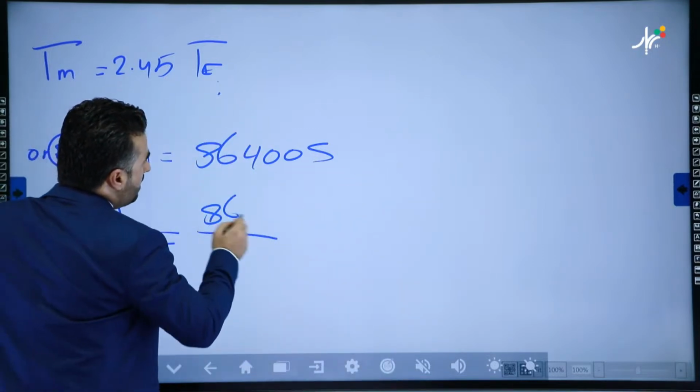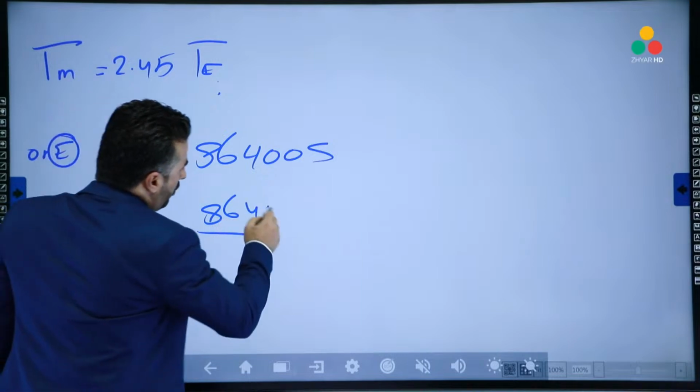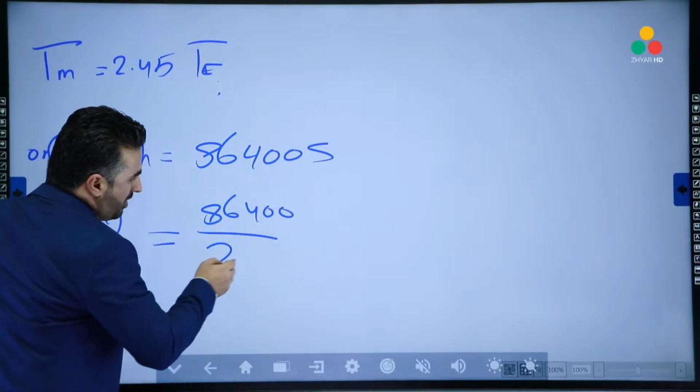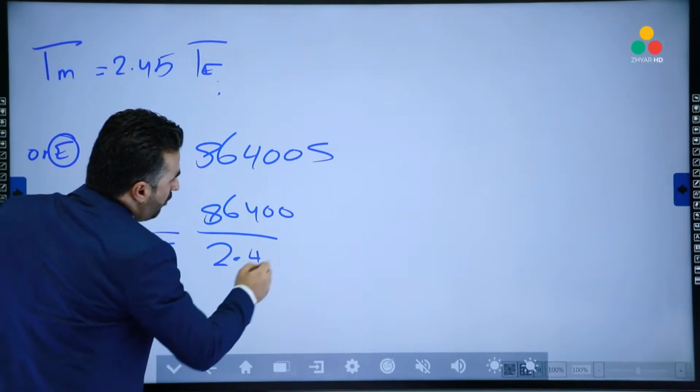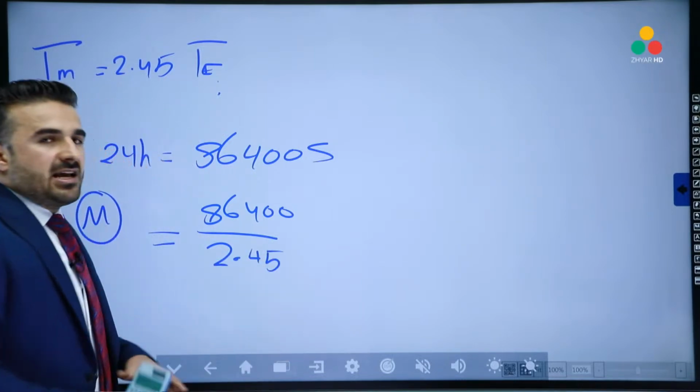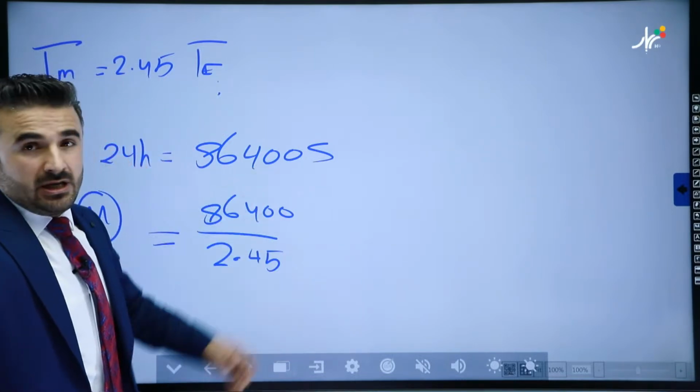But if we use the same number, 86,400, let's say, divided by, remember, for each second that happens here, it takes 2.45, let's say, this factor longer than this, yeah?